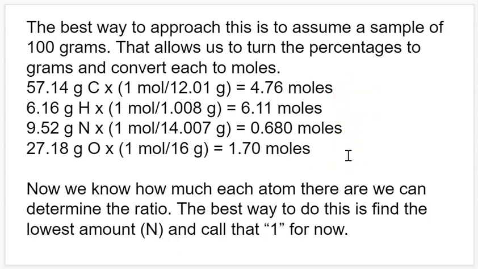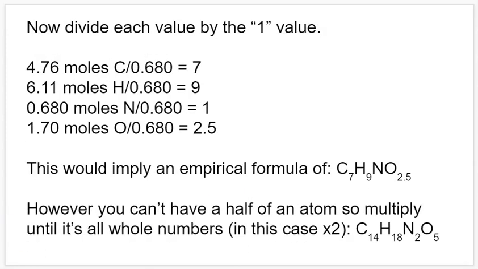Now, the way we derive an empirical formula from this is we look for the smallest value, which in this case is the nitrogen with 0.680. We're going to call that the 1 in our formula. We'll say we have N1, and then figure out how many of the other atoms we have relative to it. We do something similar to what we did before: we take the moles of each atom and divide by the 1 value.